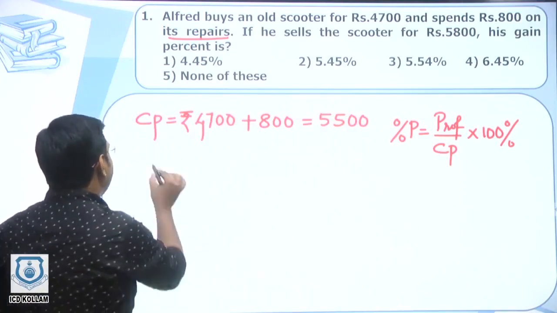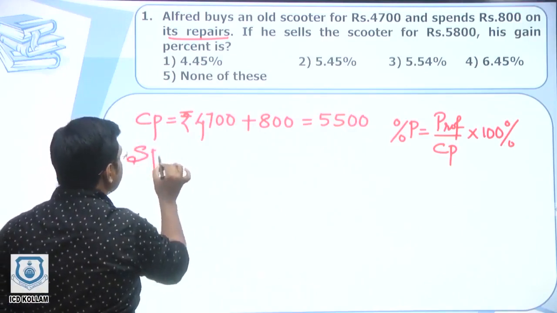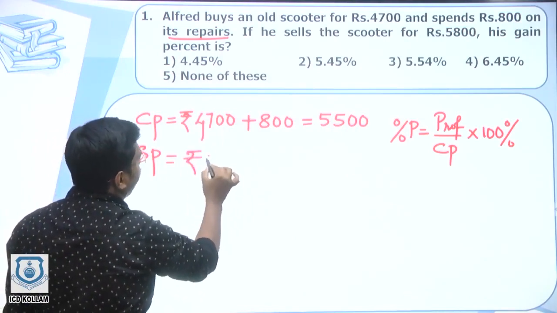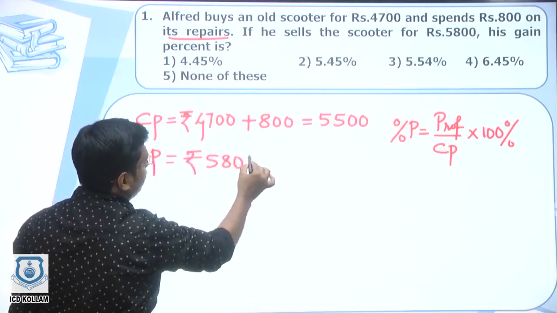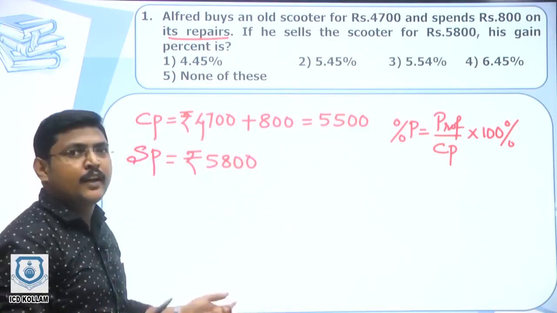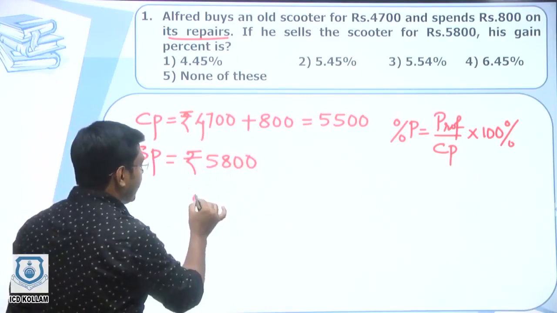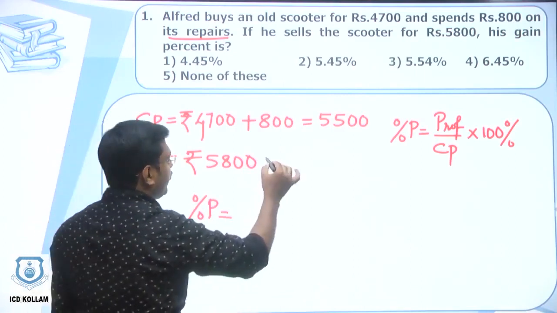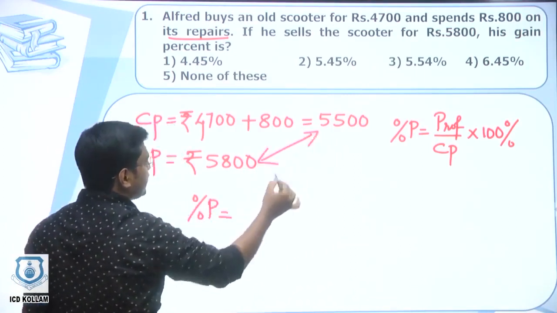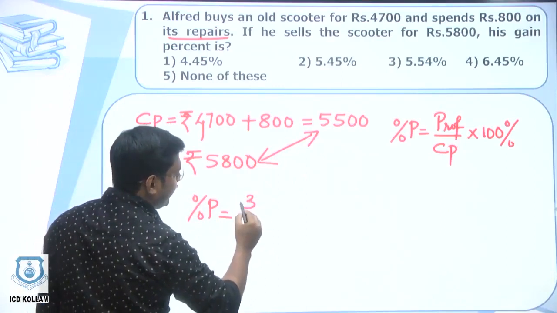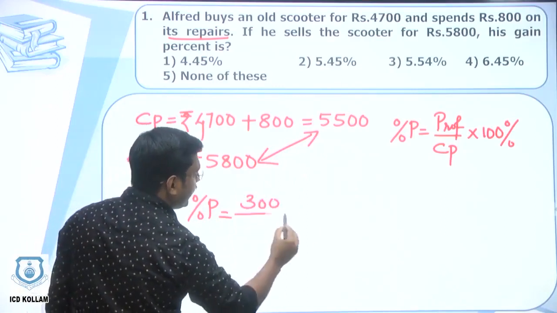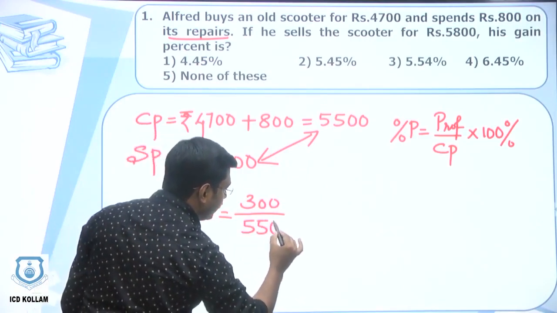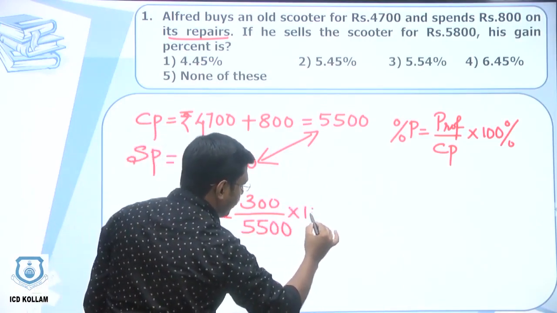After that, next we need to find the selling price, and it is clearly given as rupees 5,800. And what we need to find? We need to find the percentage profit. So percentage profit is equal to profit. The profit, we know, is the difference between selling price and cost price, and the difference is 300, divided by CP, cost price, 5,500, is what percentage?